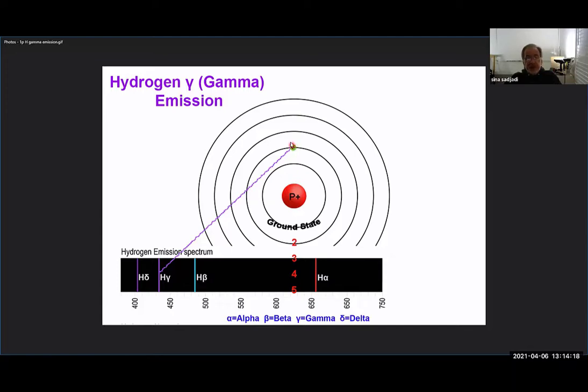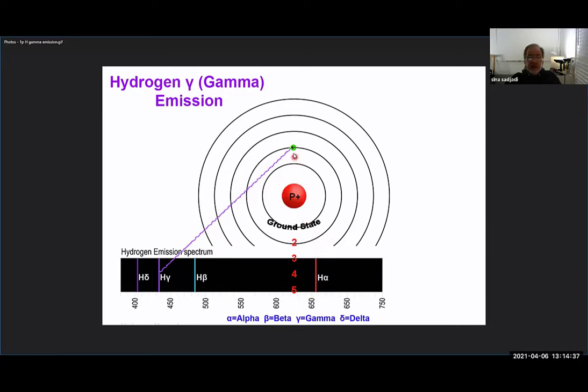If the electron was in the 3rd orbit, and it came down from the 3rd orbit to the 2nd orbit, like this, then it sends off a photon as well. That photon will be this one here, red.